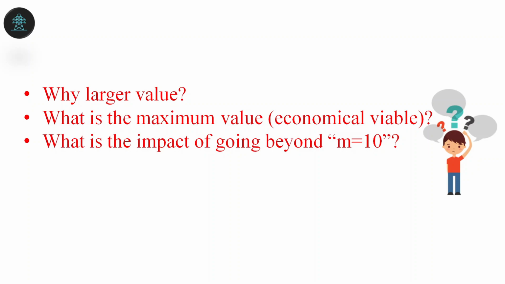This increases the investment cost. Therefore, a utility cannot increase the cross arm beyond a certain extent. Therefore, an economically viable option is M equal to 10. This is an approximate value of M that is very popularly considered in power systems.